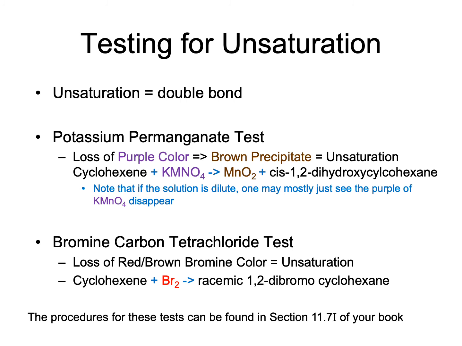For the potassium permanganate, the purple color is going to change to a brown precipitate at the bottom of the test tube. For the bromine, the yellowish or red-brown color is going to disappear after the reaction.